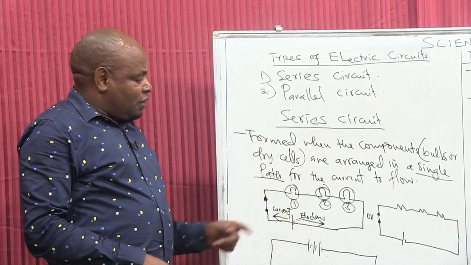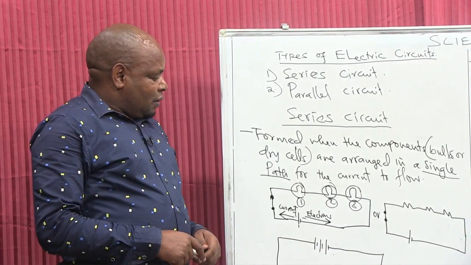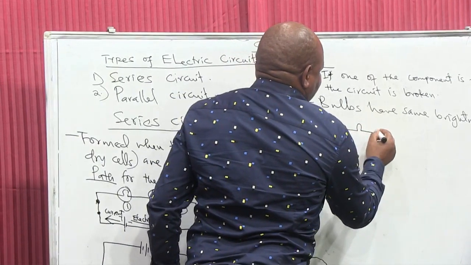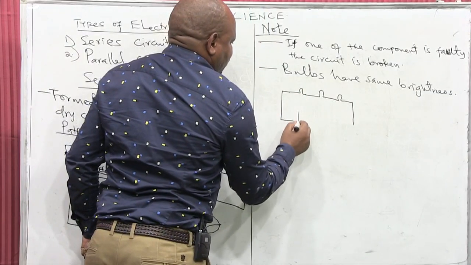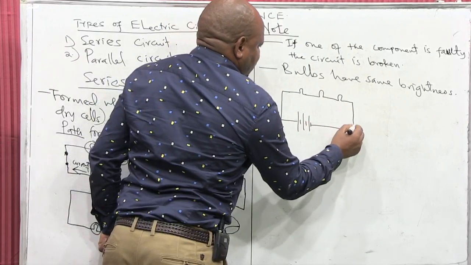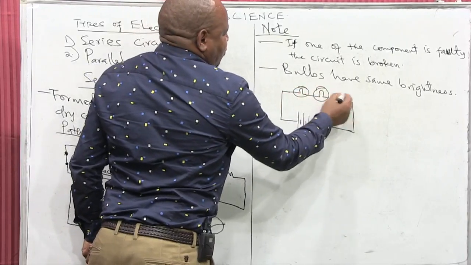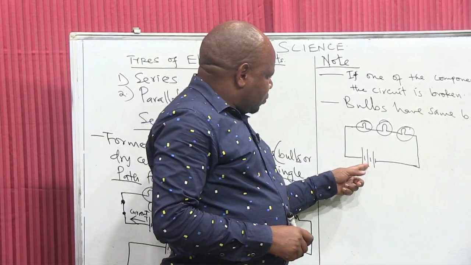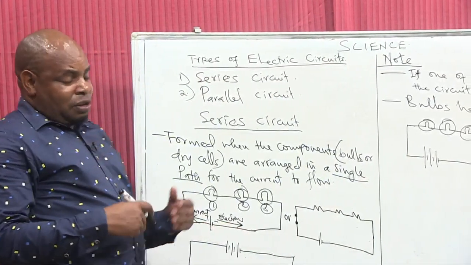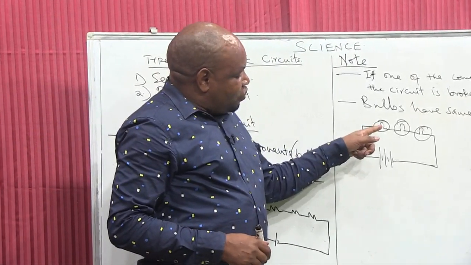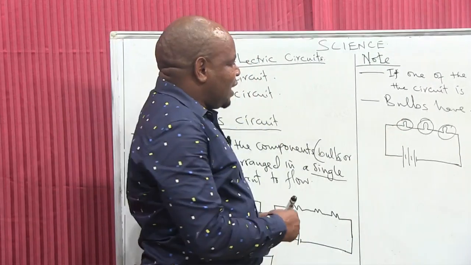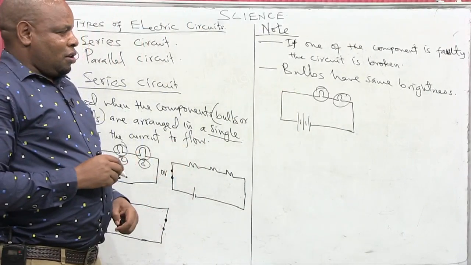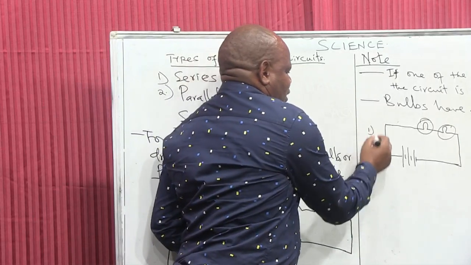On the same point on brightness of the bulbs, if you have three bulbs arranged in series with 3 dry cells, and you reduce the number of bulbs, let's say instead of 3, you remain with 2.